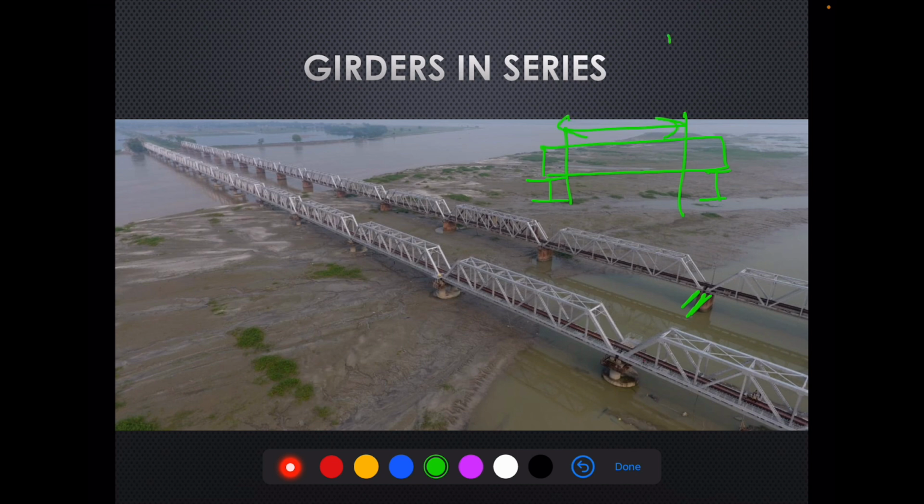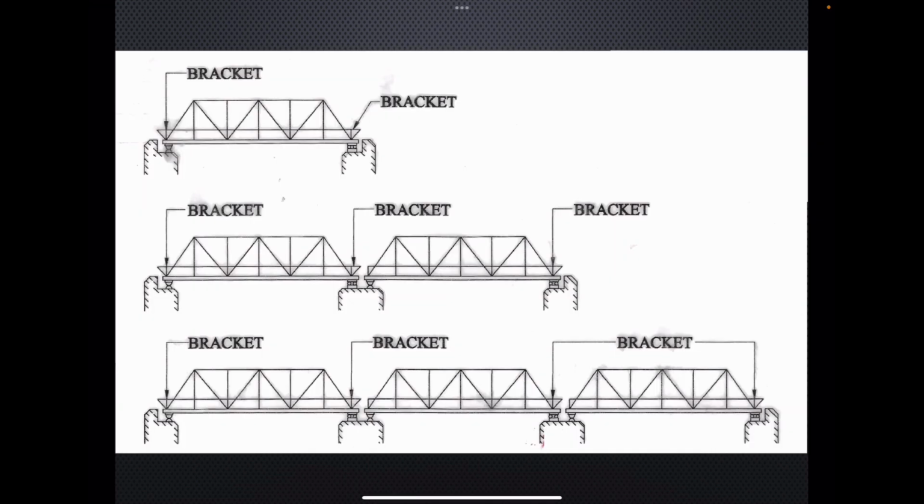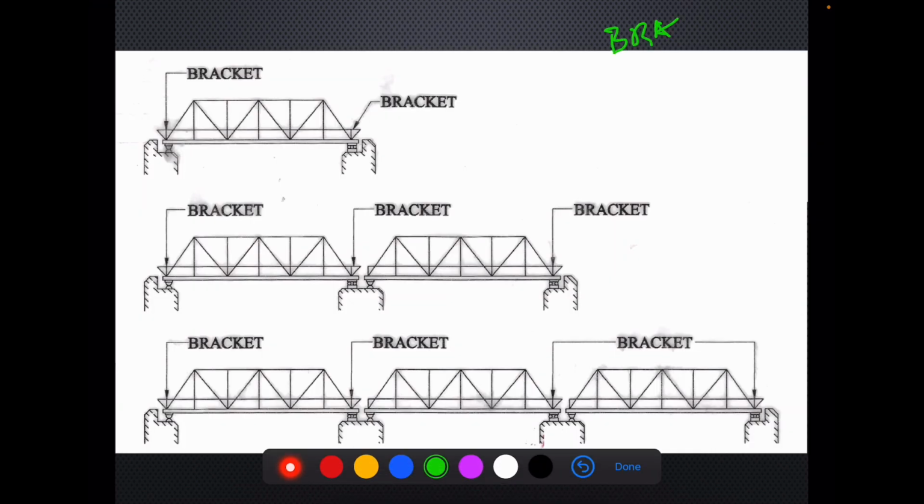Generally the limit is 600 to 650 millimeter. If it is beyond that, there are chances that the rail will get broken under the train loads. So how to solve this problem? To solve this problem, we provide brackets.